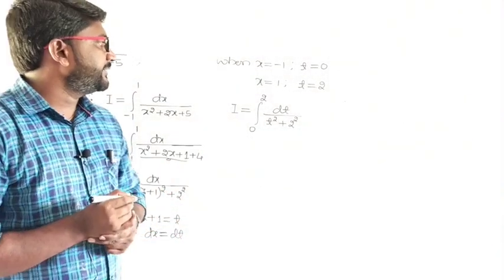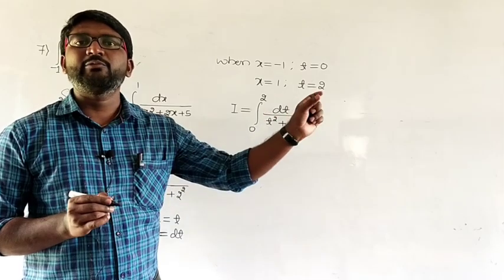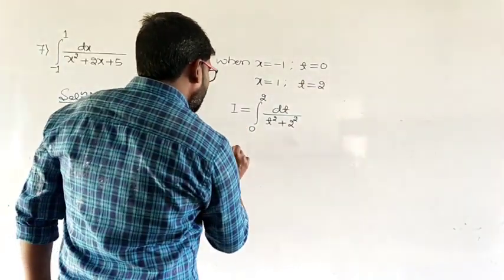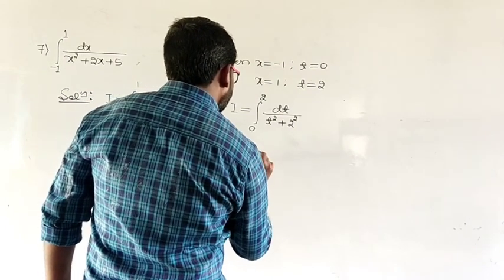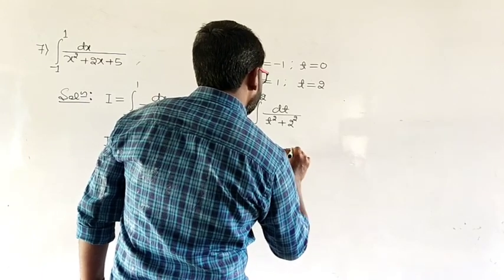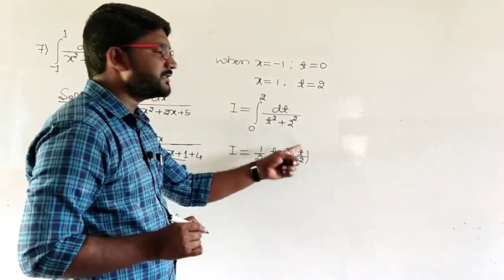This is in the form of integration dx by x square plus a square. So the answer will be 1 by a tan inverse x by a. So here I is equal to 1 by 2 tan inverse t by 2. Here the value of a is 2.